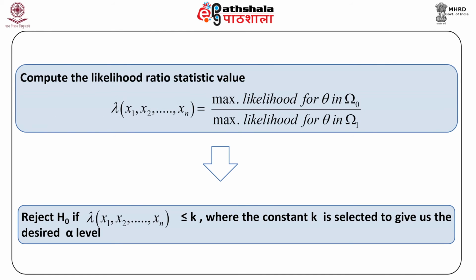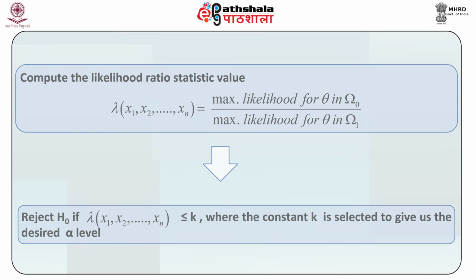Then the third step is to compute the likelihood ratio statistic, denoted lambda, a function of x1, x2, up to xn, which is equal to the maximum likelihood for theta in phi 0 divided by the maximum likelihood for theta in phi 1. The last step is to reject the null hypothesis H0 if lambda is less than or equal to k, where the constant k is selected to give us the desired alpha level.